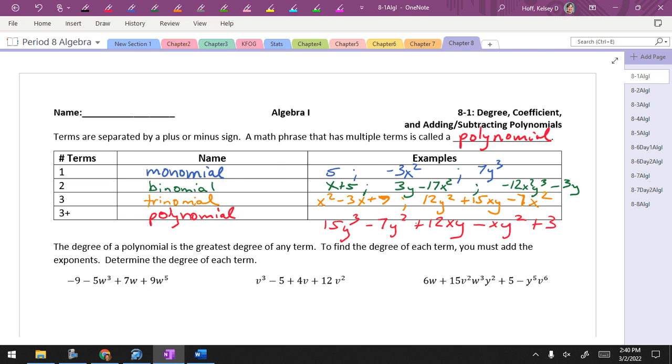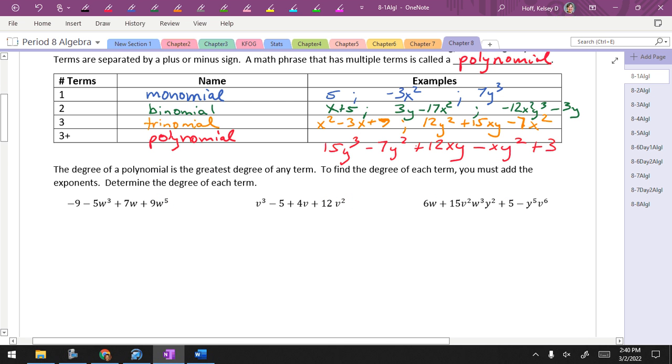All right. The degree of a polynomial is the greatest degree of any term. So we define something by using the word. That doesn't help us a lot, Ms. Hoff. To find the degree of the term, you add the exponents. Determine the degree of each term. Okay? Every term is separated by a plus or a minus.